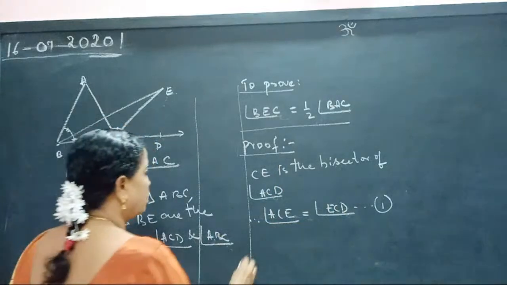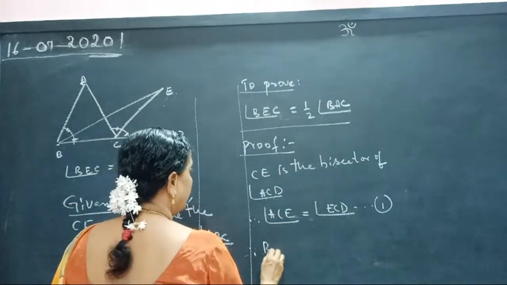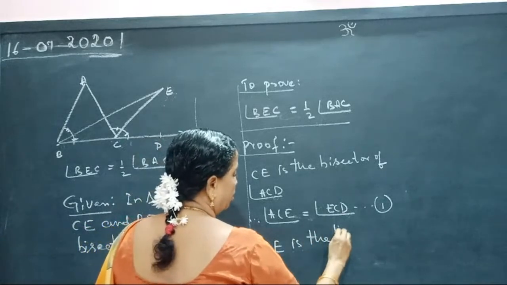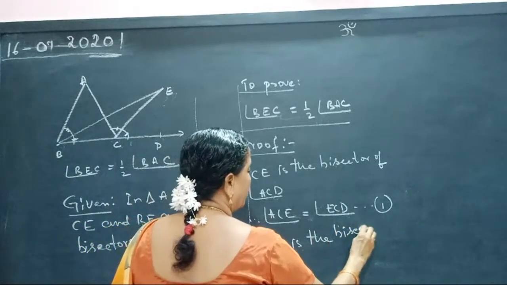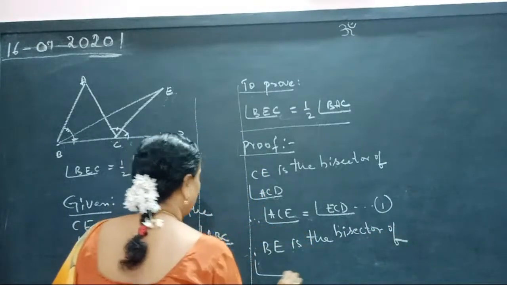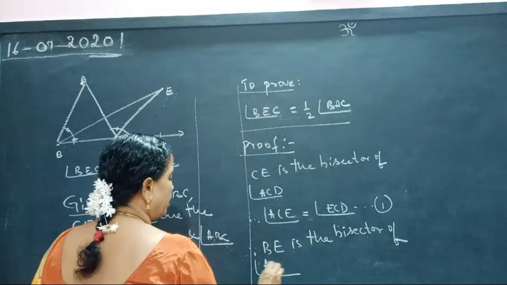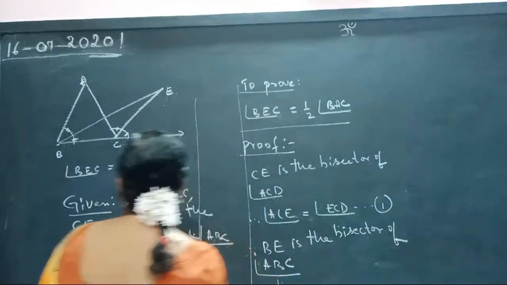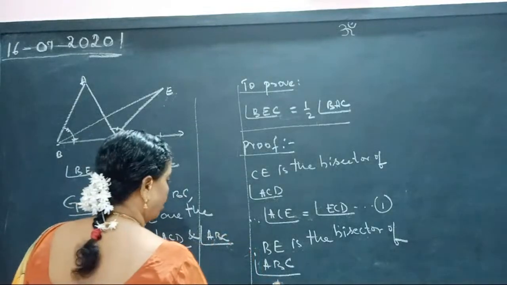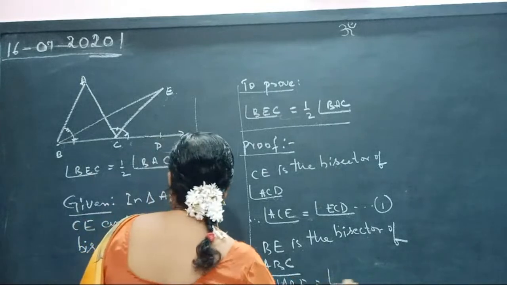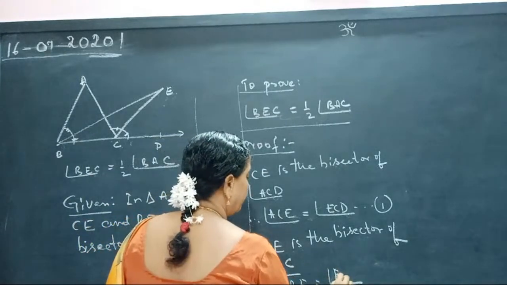Next, since BE is the bisector of angle ABC, therefore angle ABE equals angle EBC.